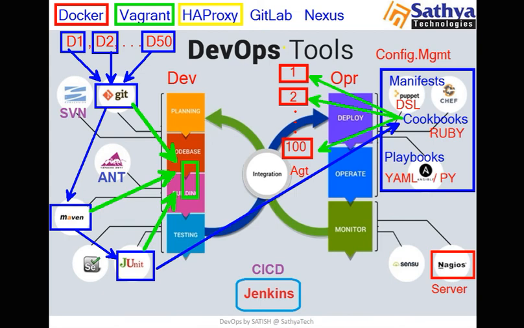Here we have one more tool, GitLab. GitLab is a private repository. Actually, we have GitHub, through which we can create multiple public repositories. In GitLab we create a private repository, and then we can maintain our source code.